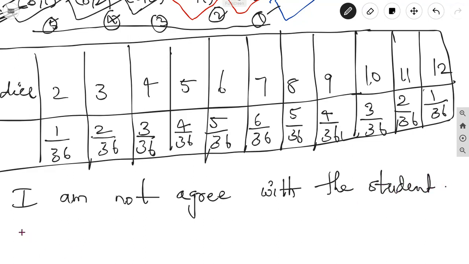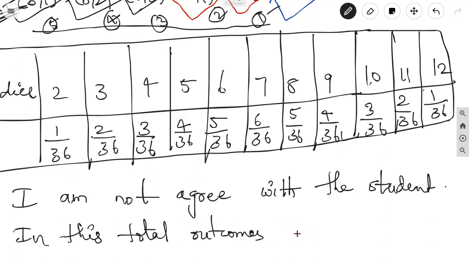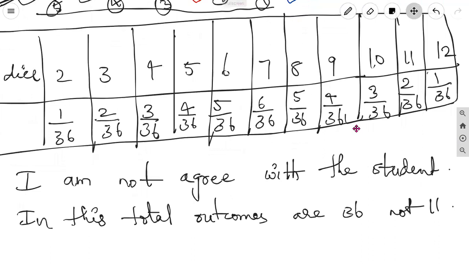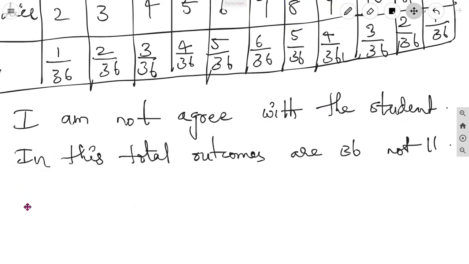In this, total outcomes are 36, not 11. And here 11 outcomes are events.